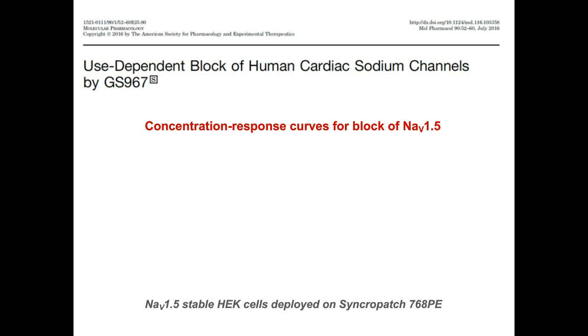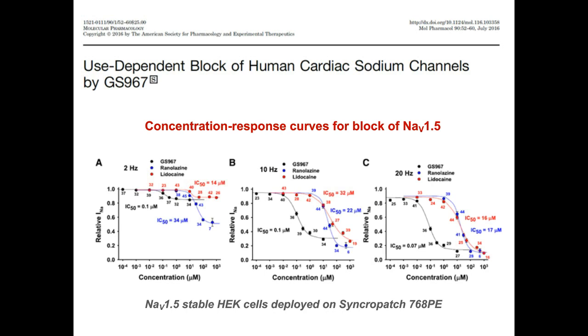And what's illustrated here is work from our molecular pharmacology publication from earlier this year, which illustrates the power of this automated patch clamp system, where we were able to perform concentration responses with 7 concentrations for 3 different drugs at different frequencies. And these experiments required 2 384-well plates that were done on 2 different days in 1 week.